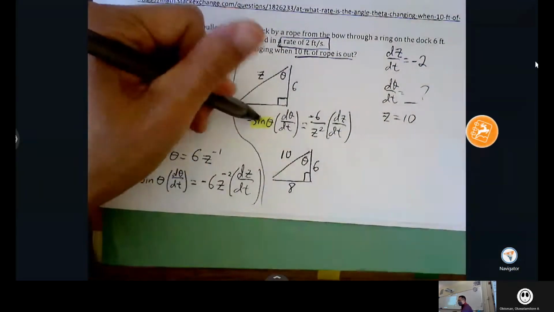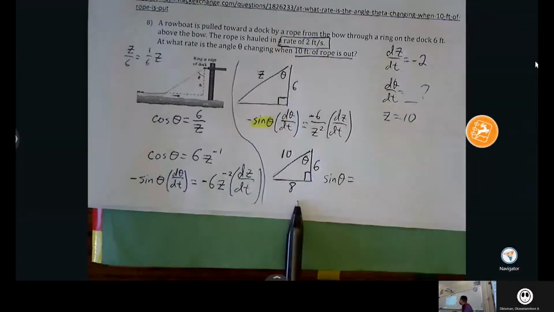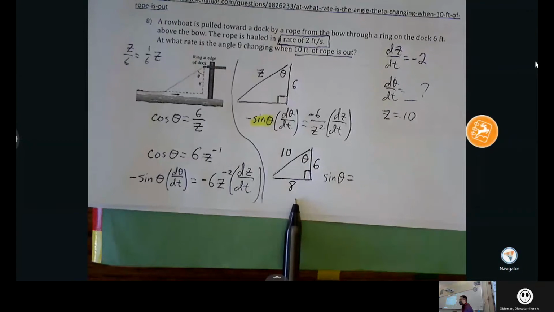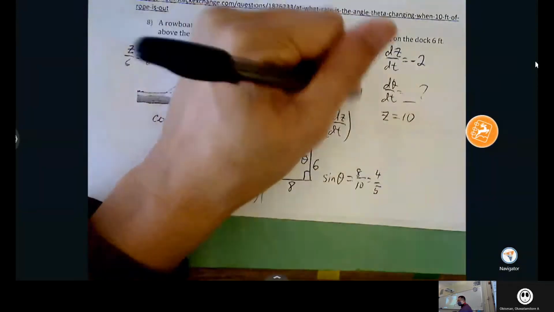So now we can cleanly decide what sine of theta is, right? What's sine of theta going to be equal to? Okay, 8 over 10. Yeah, which reduces to be 4/5. So now we should be in the clear, right?